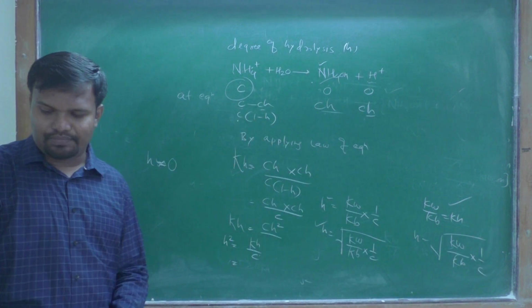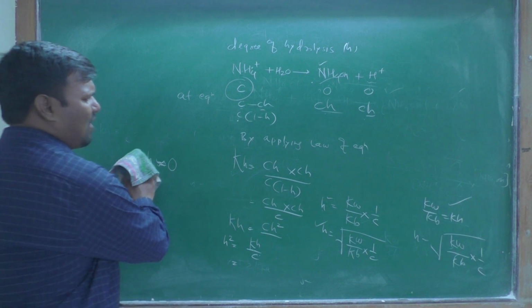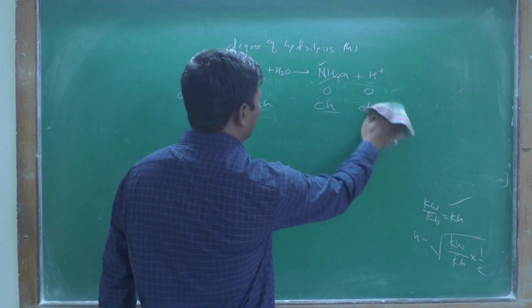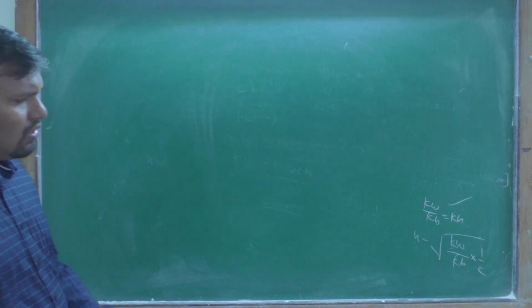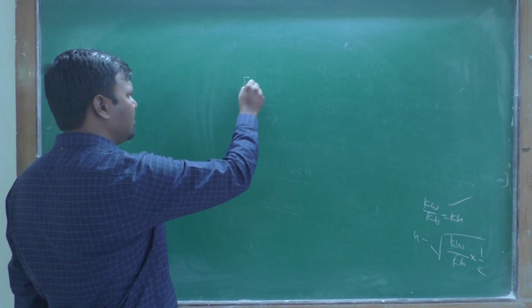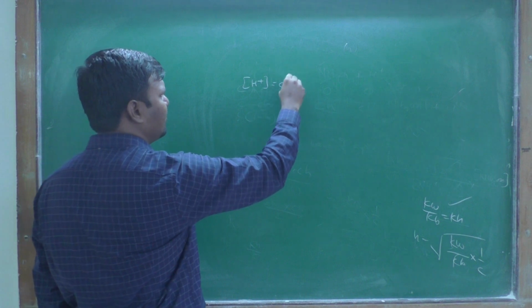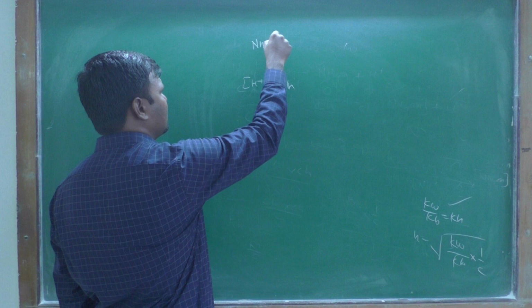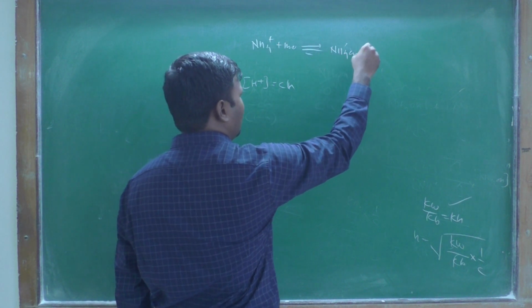Okay, now we will find out what will be the pH when the salt is added in the water. Therefore, we know that the concentration of H plus ions is equal to Ch in this case. Okay, NH4 plus plus H2O gives NH4OH plus H plus.